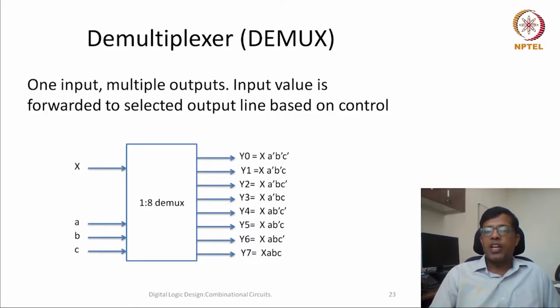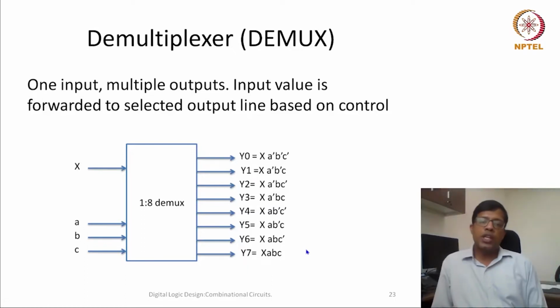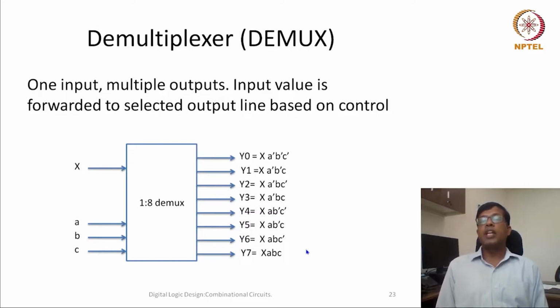Similarly Y1, Y2, Y3, Y4. You can see these are all min terms: min term 0, min term 1, 2, 3, 4, 5, 6, 7, and all of them are ANDed with x. In this way, the cost of my demultiplexer, if the number of outputs is n, is equal to n AND gates.